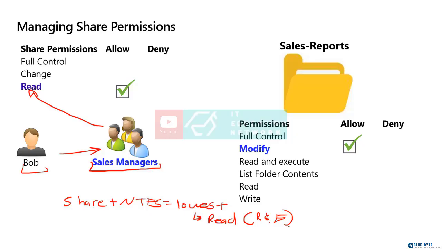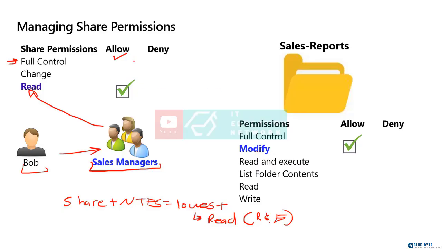Now, it sounds wrong, but when you share a folder, what you almost always do is actually assign full control allow. The reason you do that, because I know the lowest of the 2 permissions will be the effective permission. If I assign NTFS permissions correctly, so if Bob truly needs modify, I can just assign the allow modify.